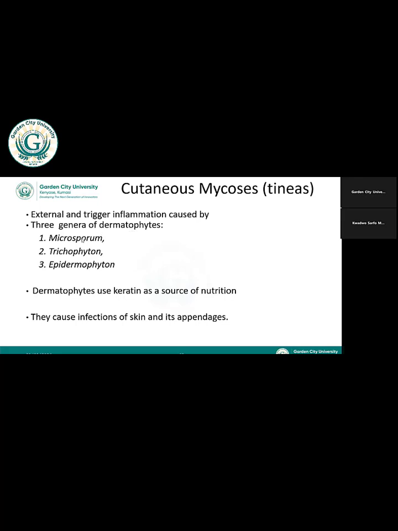And there are three groups of these fungi that cause cutaneous mycosis, the dermatophytes. We have the Microsporum, the Trichophyton, and then the Epidermophyton. These three form the dermatophytes.